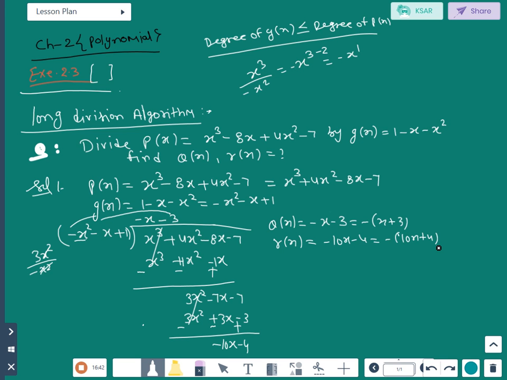Now we will discuss the remainder theorem, okay? Directly questions are based on the remainder theorem.